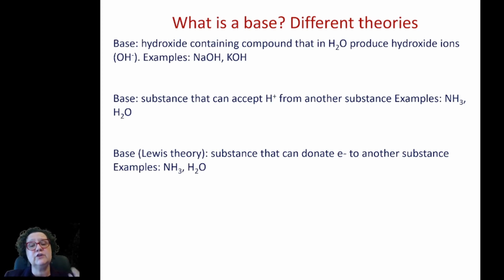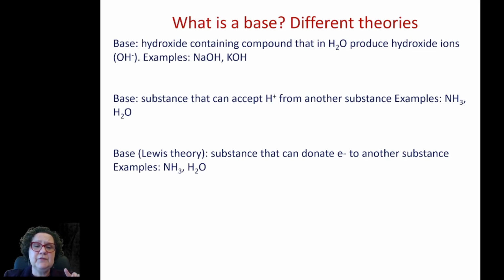If you're an acid, you donate hydrogen ions. If you're a base, you accept those hydrogen ions. Suddenly compounds like ammonia, NH3, became bases that Arrhenius could not explain, because ammonia does accept hydrogen ions from another substance, as we will look at.